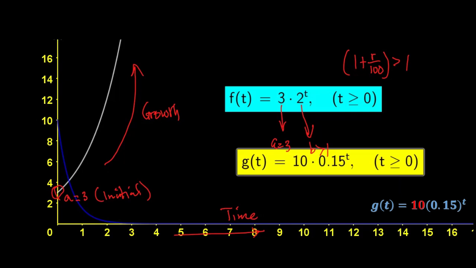You will notice that for this, we also have this as our initial, which is A. And coming here, look at our B is less than 1. And what happened? You see this coming down.